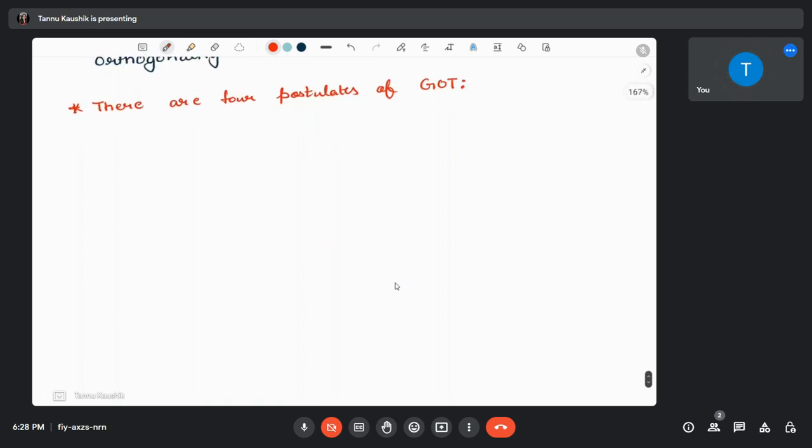So we are taking the example of C2V point group. Derivation for C2V point group.